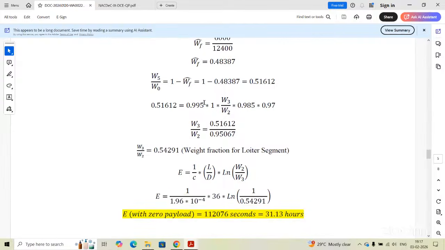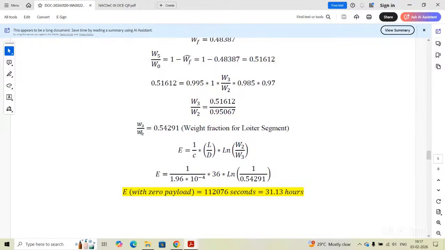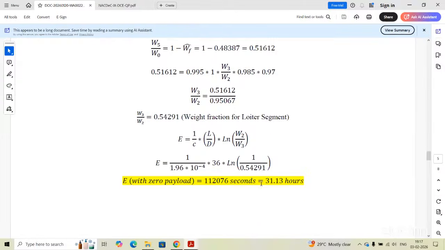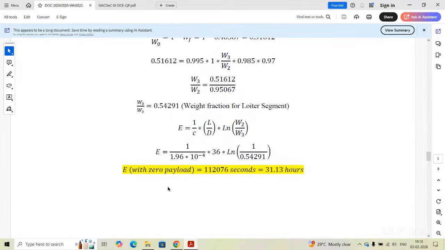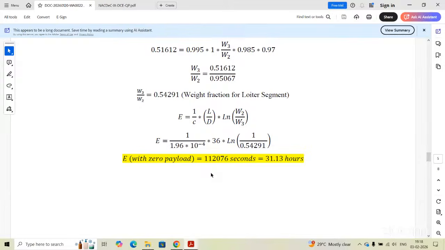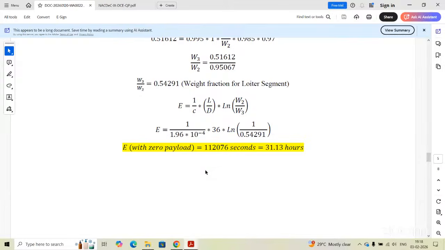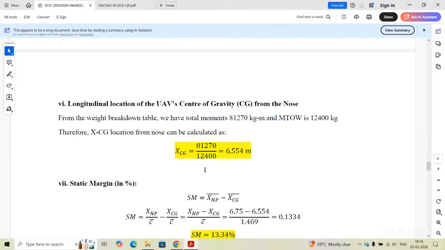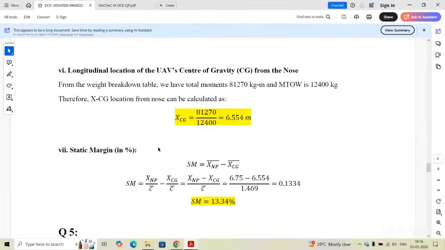Everything else remains the same, only this fraction will change, and when we keep this fraction in this formula, we get the endurance as 31.13 hours. So roughly we are getting around 7 hours increment in the endurance if we use 1000 kg more fuel and zero payload.